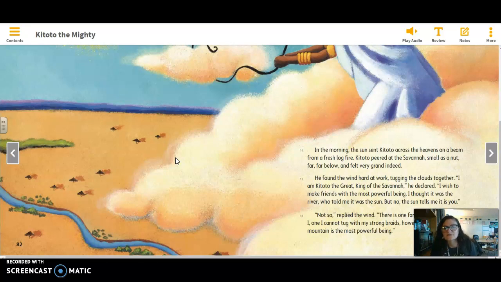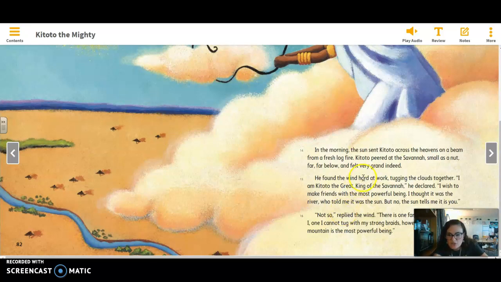"I wish to make friends with the most powerful being. I thought it was the river, who told me it was the sun, but no, the sun tells me it is you." "Not so," replied the wind. "This one is far more powerful than I. One cannot tug with my strong braids, however hard I try. The mountain is the most powerful being."